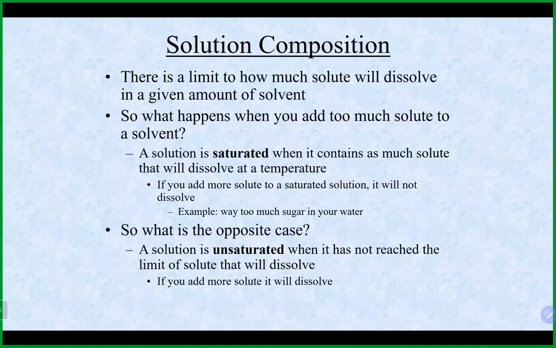So if you're trying to dissolve something in water, there comes a point where you can scoop as much as you want in there, but at some point it's going to stop dissolving. At that point where no more of the solute will dissolve, that's what's referred to as a saturated solution. It's the point where you've hit the maximum amount of solid that will dissolve in that solvent.